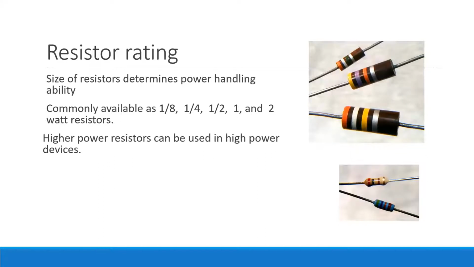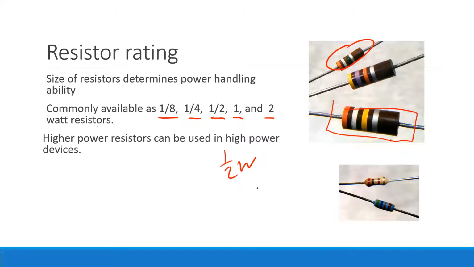You can have really tiny resistors, or big, chunky resistors. And the size of those resistors gives you an idea of how much power they can handle. Commonly, resistors are 1/8 of a watt, 1/4 of a watt, 1/2 a watt, 1 watt, or 2 watt resistors.